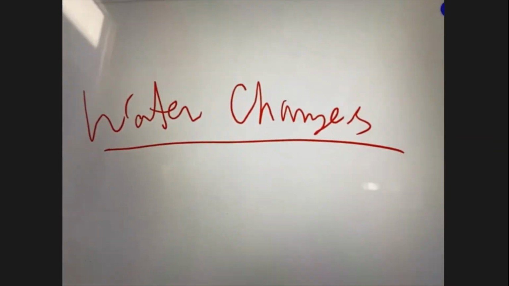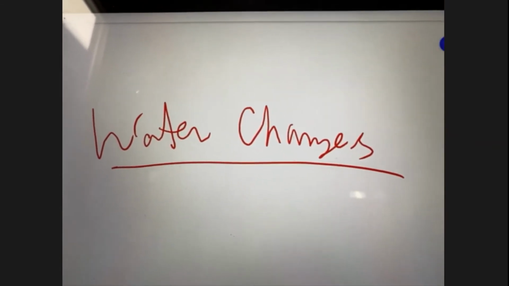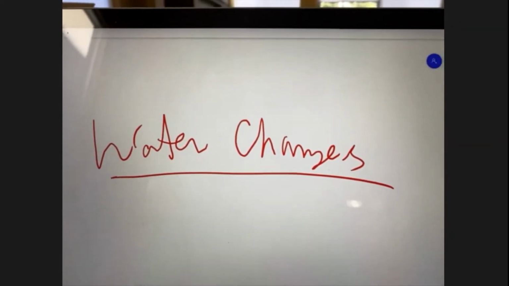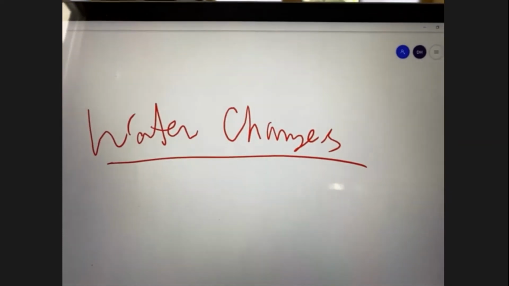Why are water changes good and bad? Water changes reset your tank. When your parameter is too high, do a water change, get it lower, and then start doing your manual dose to bring your levels back up.